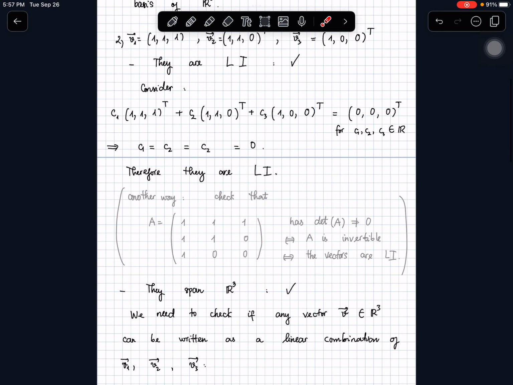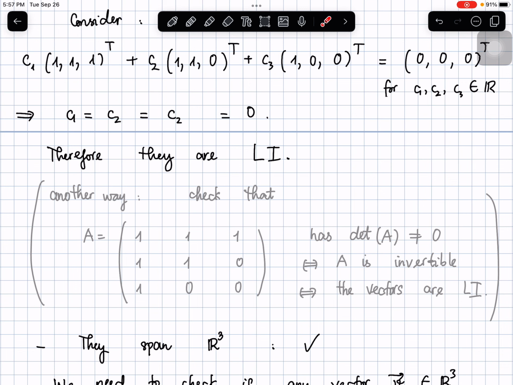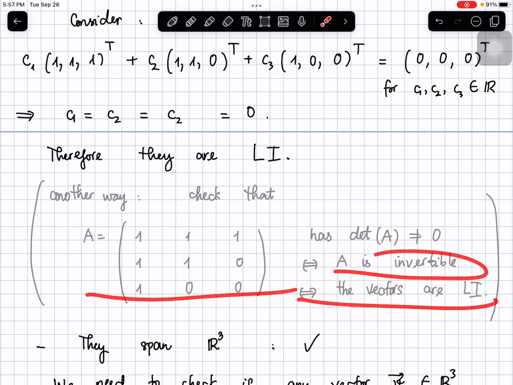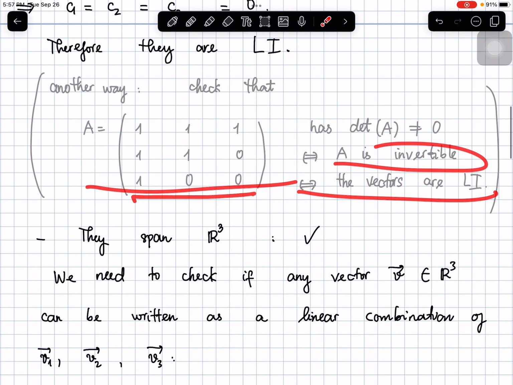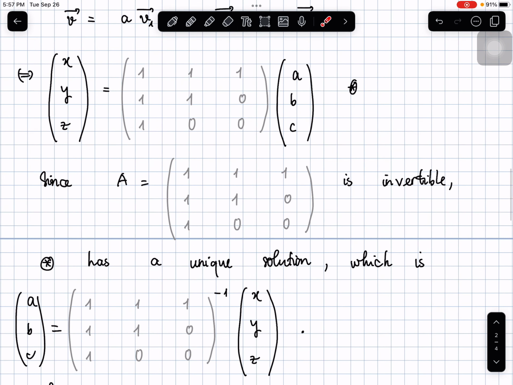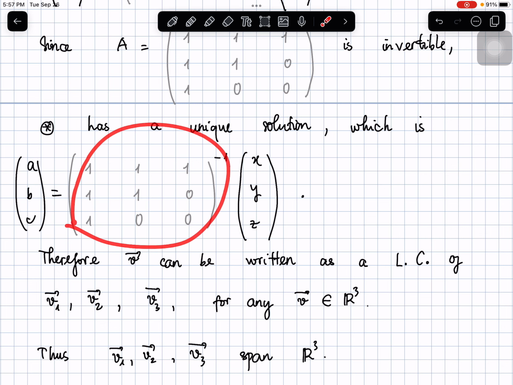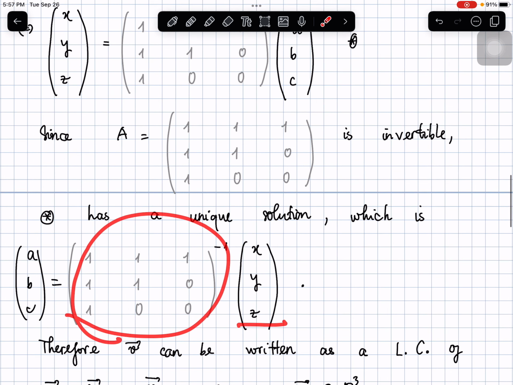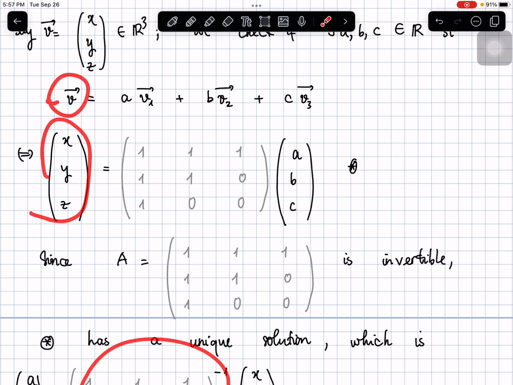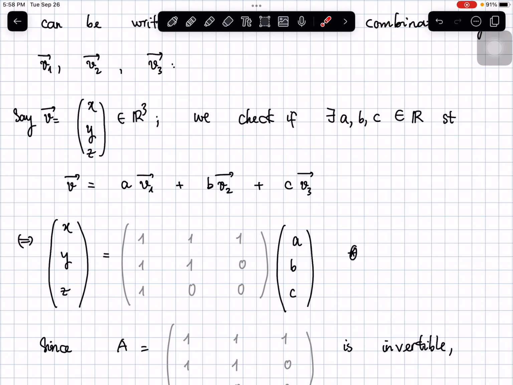Because if we check the first condition, they are linearly independent, it means this matrix is invertible. And because this matrix is invertible, we can always find a solution A, B, C, right? The inverse of the matrix times x, y, z. Therefore x, y, z or vector V can always be written as a linear combination of three vectors. And therefore the second condition is always correct.